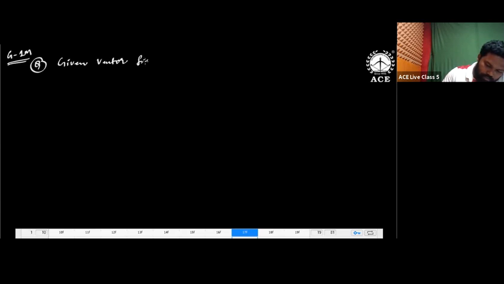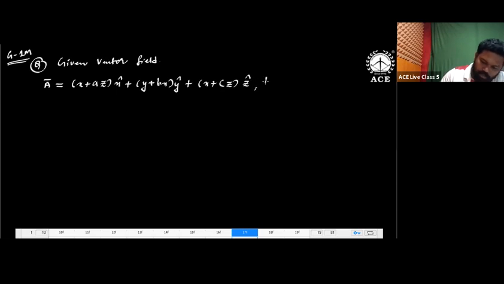Given a vector field A equal to (x plus az) x cap plus (y plus bx) y cap plus (x plus cz) z cap, then the value of C such that the vector is solenoidal.